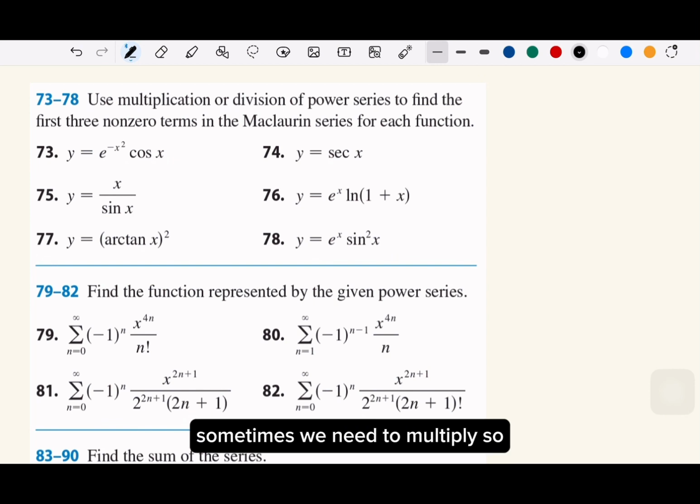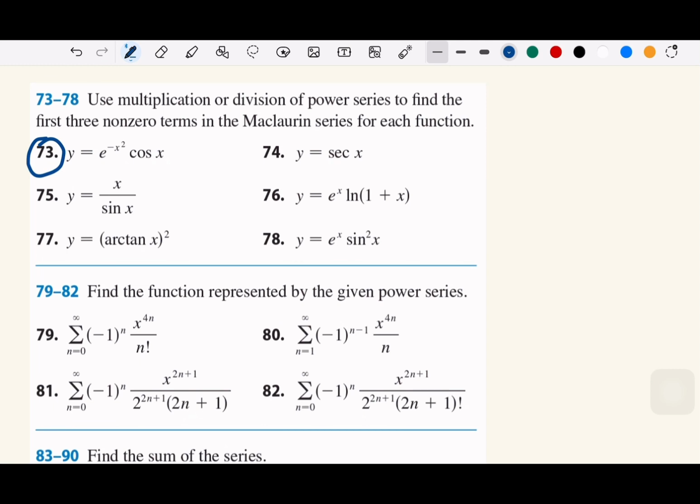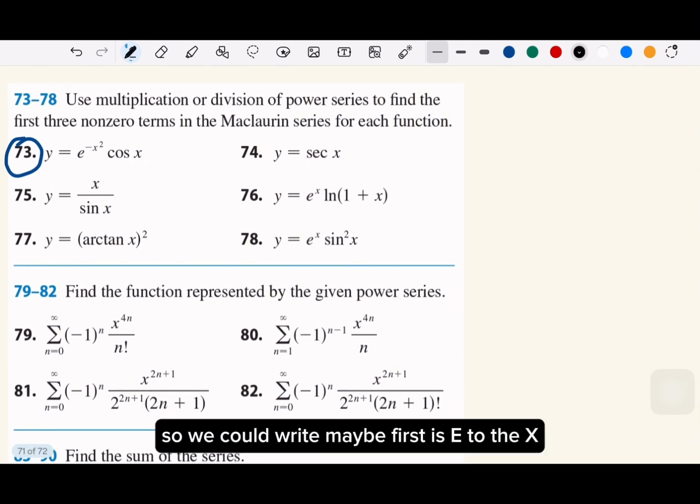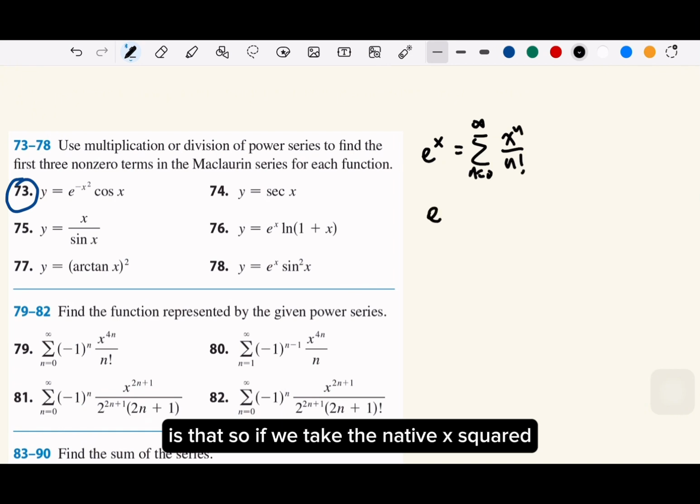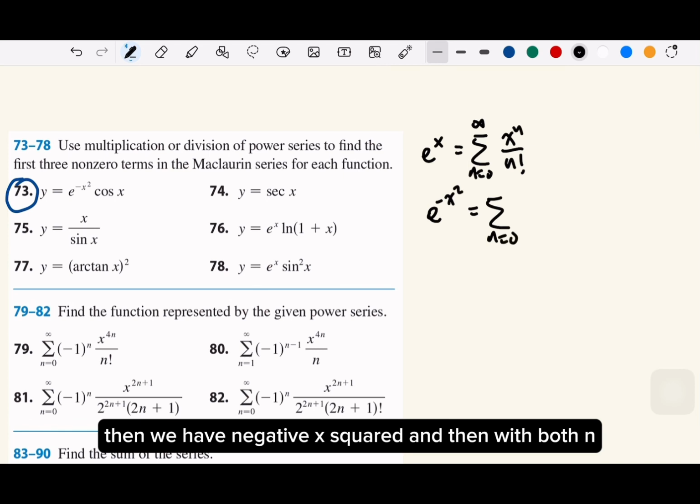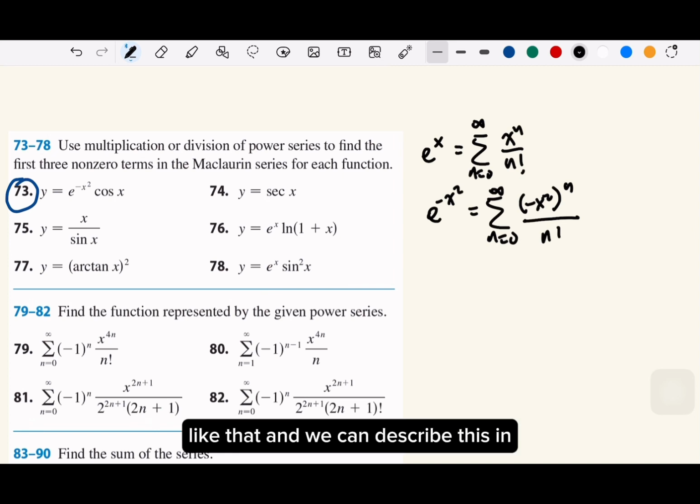Okay, so for example, number 73. We could write, maybe first is e to the x. If we take the negative x squared, then we have negative x squared with power of n, like that.